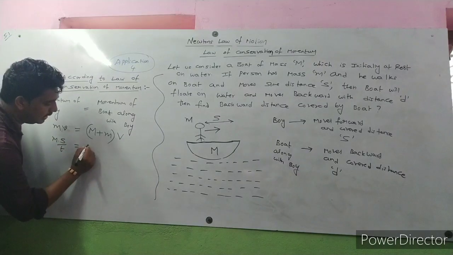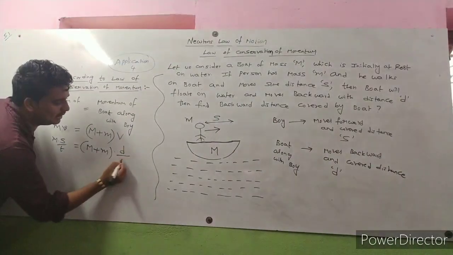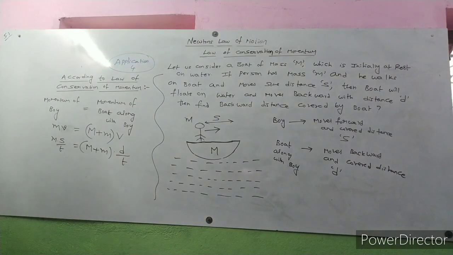For the boat, velocity is d by t, where the boat covered distance d, already given.